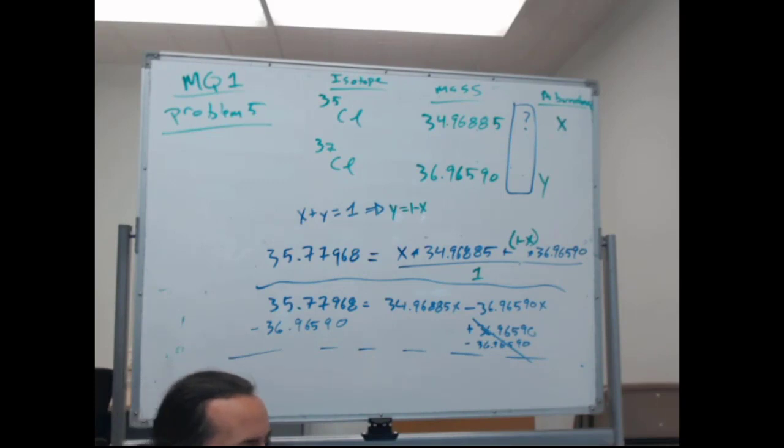Gives us a simpler equation. Takes me a moment to use the calculator. Your numbers will be slightly different. This does have some randomized numbers, so make sure you do it for your numbers. The process will be the same, though.